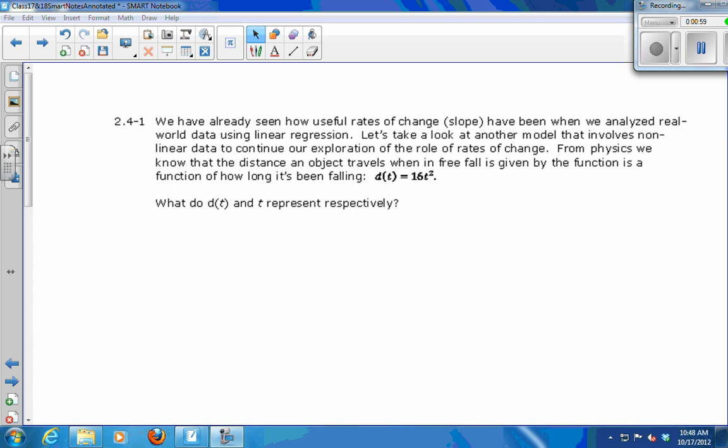Well, this is distance, not speed. You can't have a negative distance. So why did I have a negative before? I was measuring position, and position can be on a number line, can have a positive or a negative.